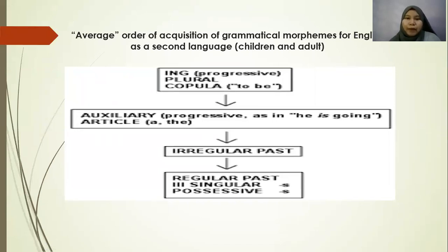And then the regular past tense, the third person singular s, runs, he runs. And then the possessive s form. So this is the order of acquiring a grammatical structure. This is the order according to the natural order theory.